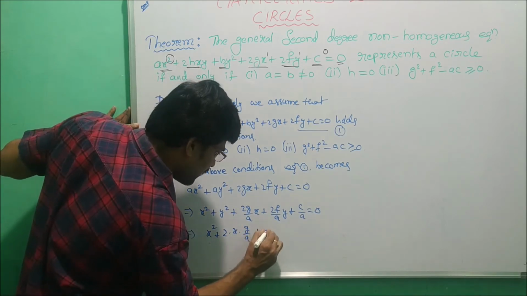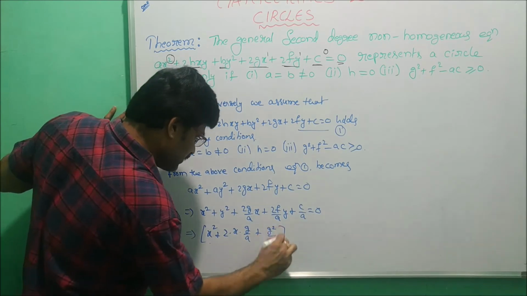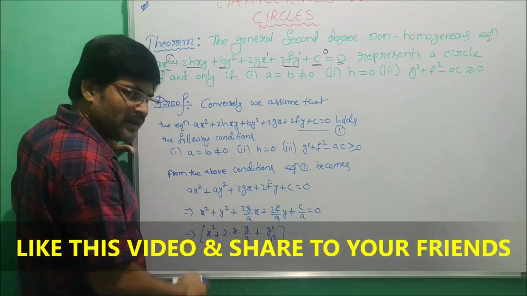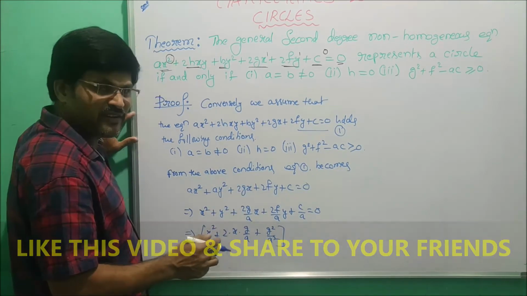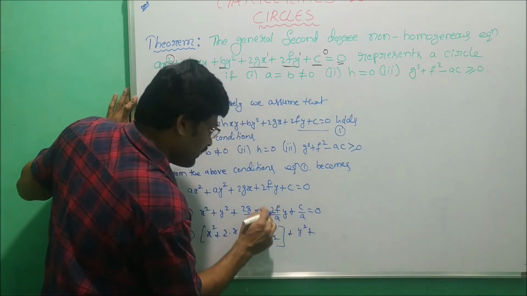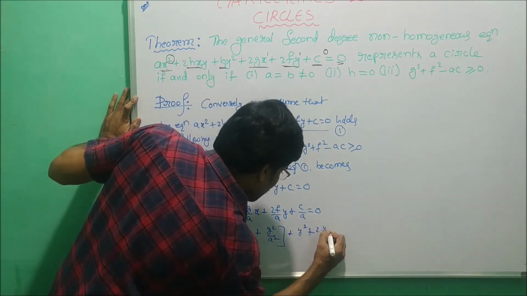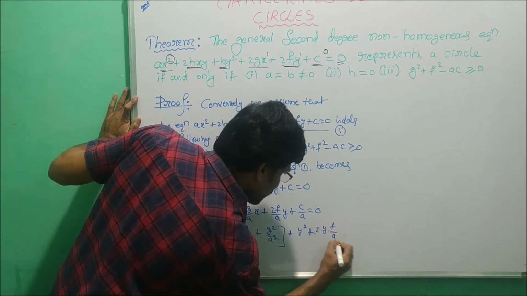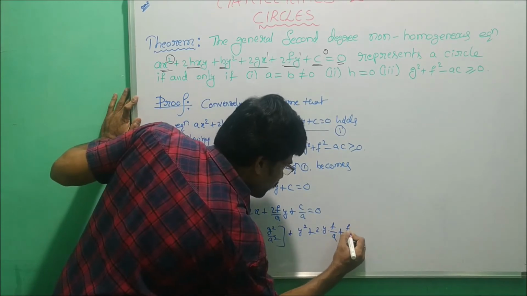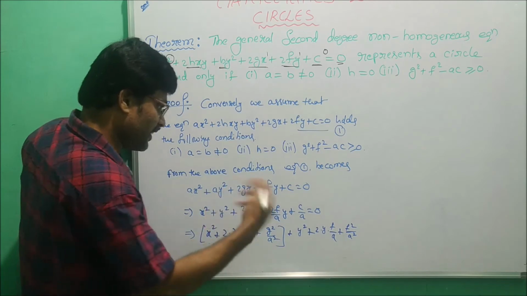Now we add g square by a square for this term. Similarly, we write the y terms also as a perfect square: y square plus 2f by a y. Now we write 2 into y into f by a, plus the b term is f by a. So we add f square by a square on both sides.